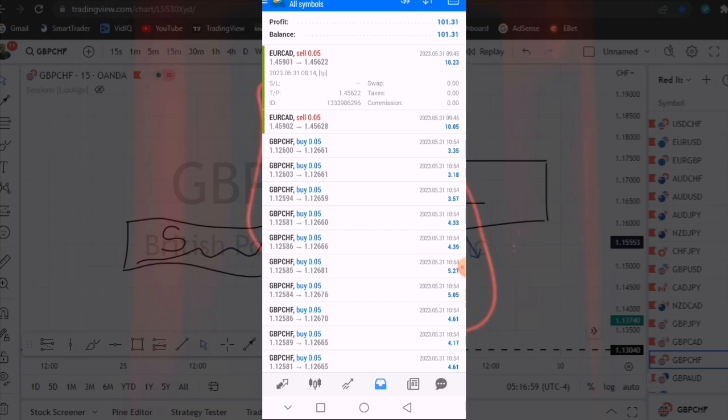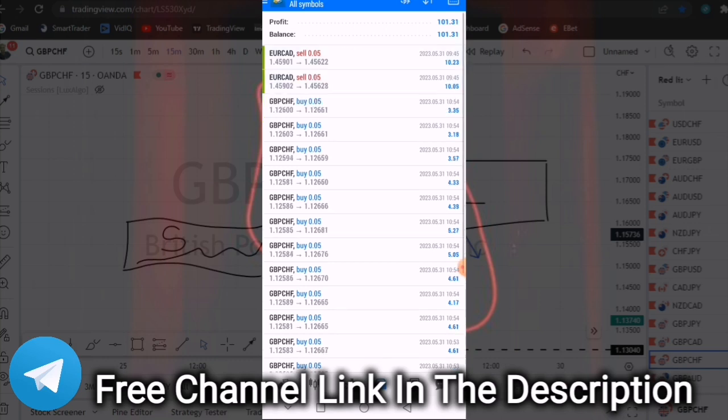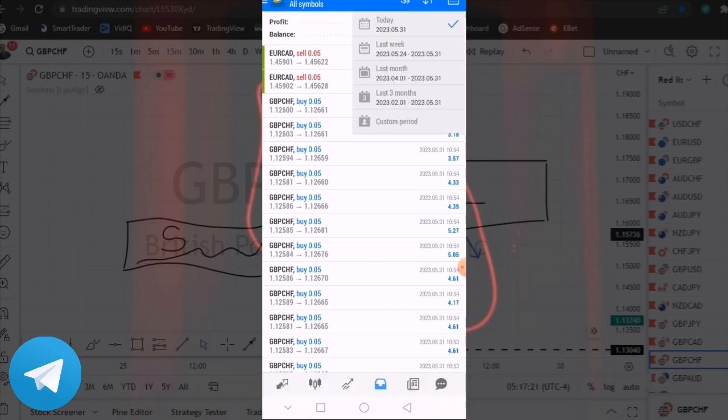For that one, guys, sorry, I'm not going to share it on this YouTube channel. But if you want to have it, make sure you log into my free Telegram group or free Telegram channel. I am going to tell you there how you are going to access this trick for EuroCAD and EuroGBP. It always works. It always works for me.